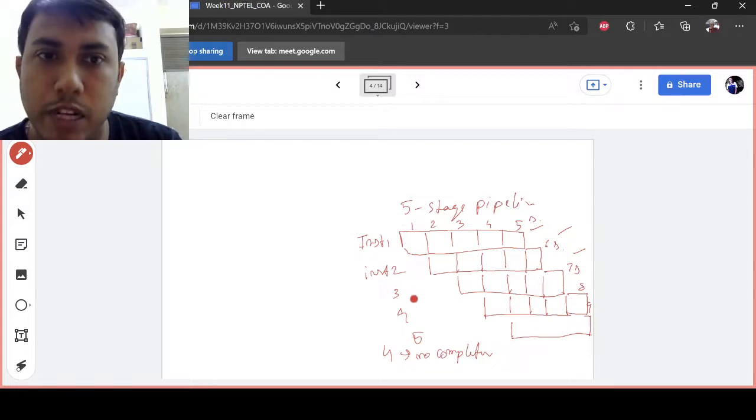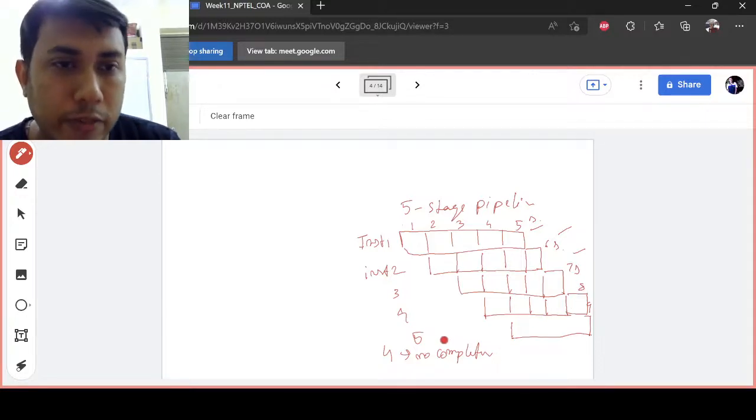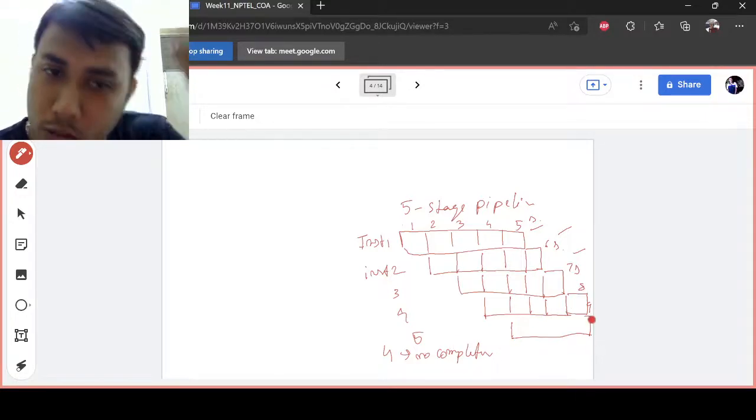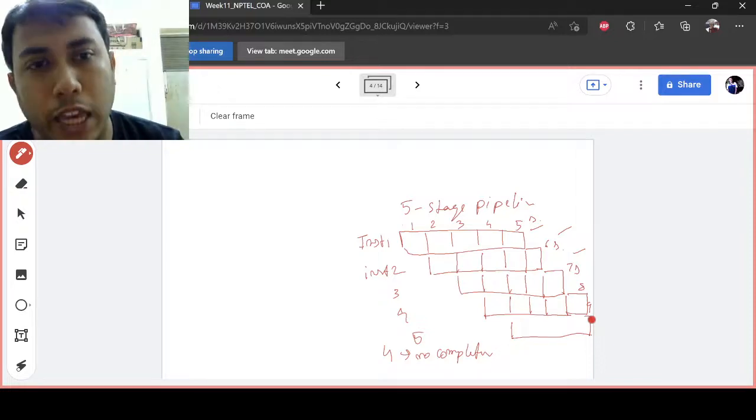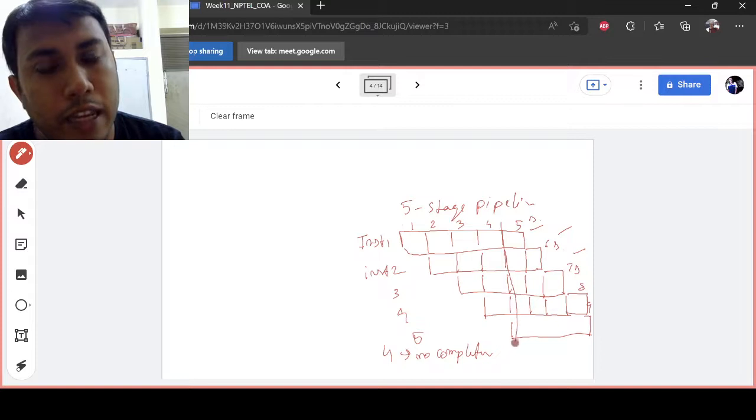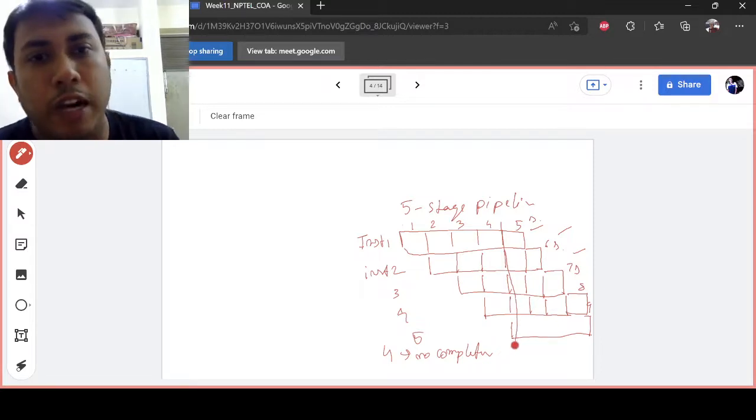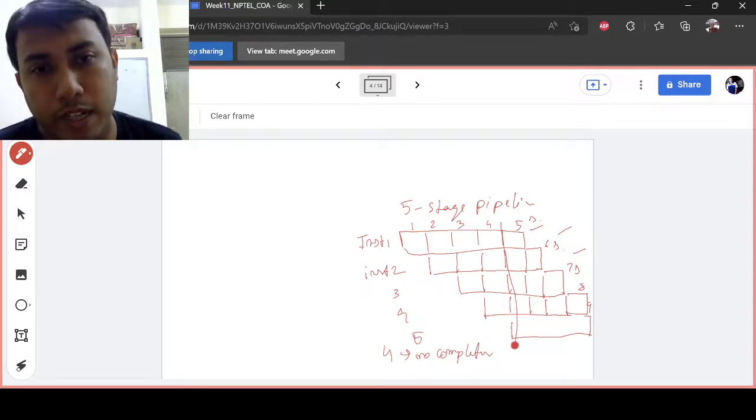The third instruction will get over at the 7th unit of time. The fourth instruction will get over at the 8th unit of time. And the fifth instruction will get over at the 9th unit of time. So if you check, from the 5th unit onwards, every unit one instruction gets completed, right?